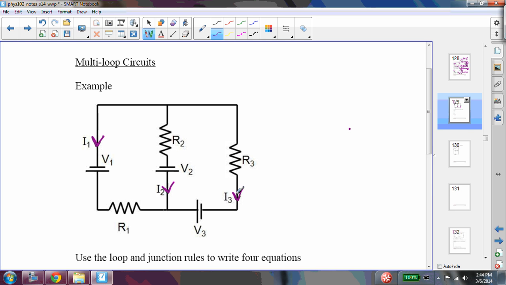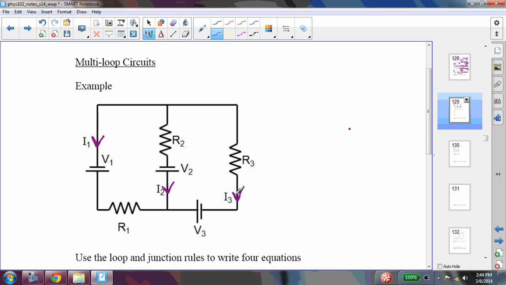Now, from this circuit, I have several unknowns. I1 is an unknown, I2 is an unknown, and I3 is an unknown. So I have three unknowns, and in order to solve for them, I'll need three equations that are independent of one another.